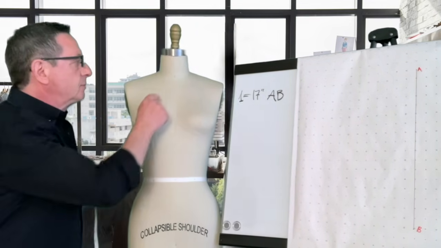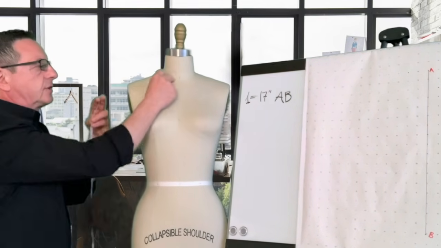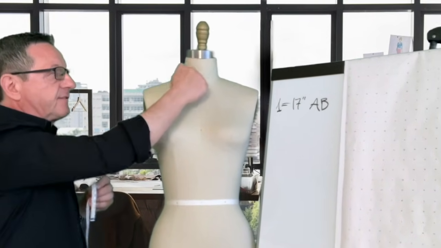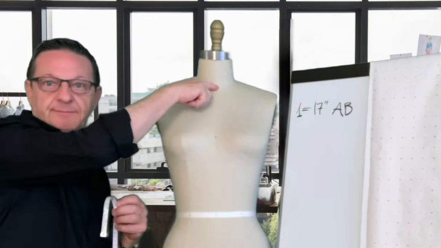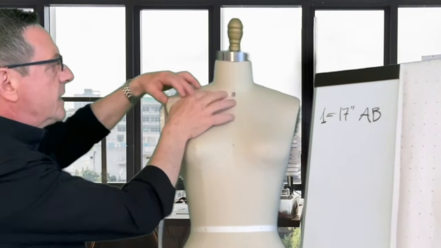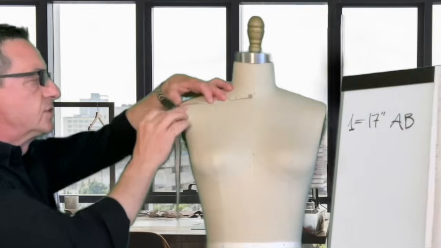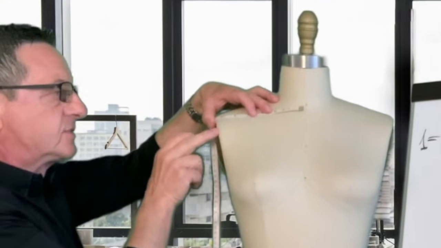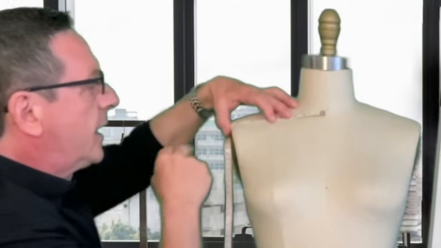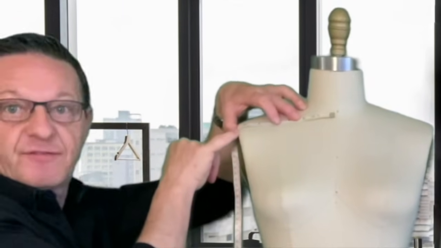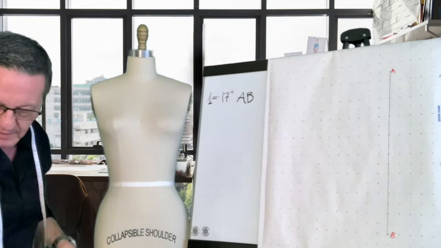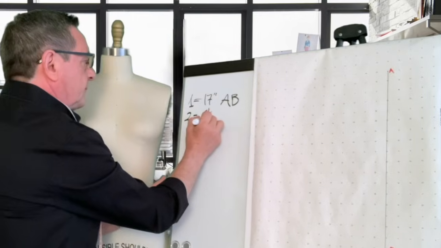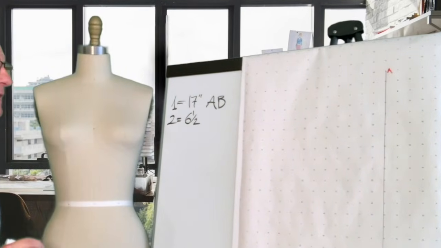Okay, next I'm going to measure across the shoulder right here. I'm going to take my tape measure from the center front neckline corner and measure across to where the shoulder starts, where the shoulder rim starts. And in my case, it is 6.5 inches. So that would be measurement number 2 is 6.5 inches, right?